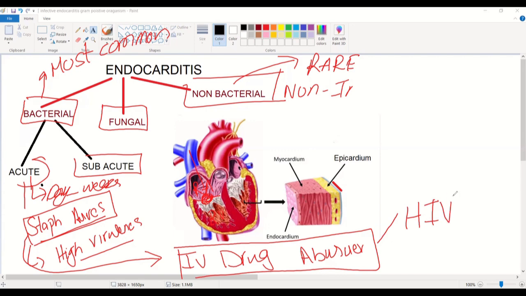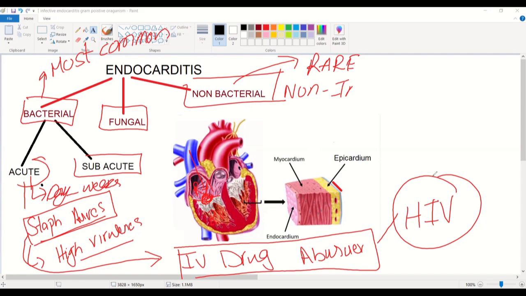So HIV is strongly associated with IV drug abusers, right? So an HIV patient has an increased risk of Staph aureus acute endocarditis. So HIV increases the risk of acute bacterial endocarditis, right?